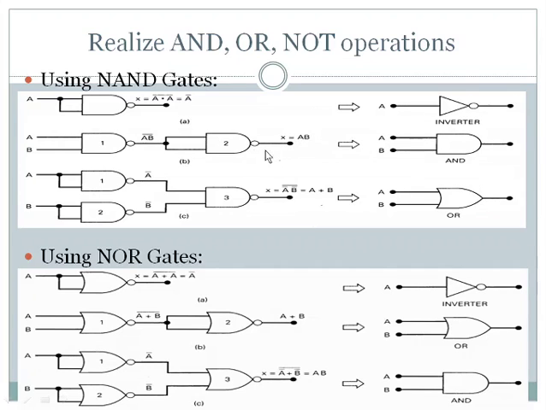So here the overall output is A dot B, and this overall operation is equivalent to the AND operation. So when NAND gates are connected this way, it performs the AND operation.